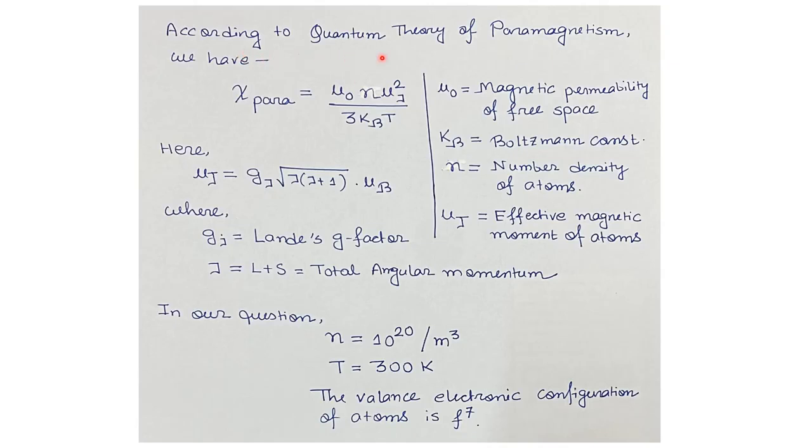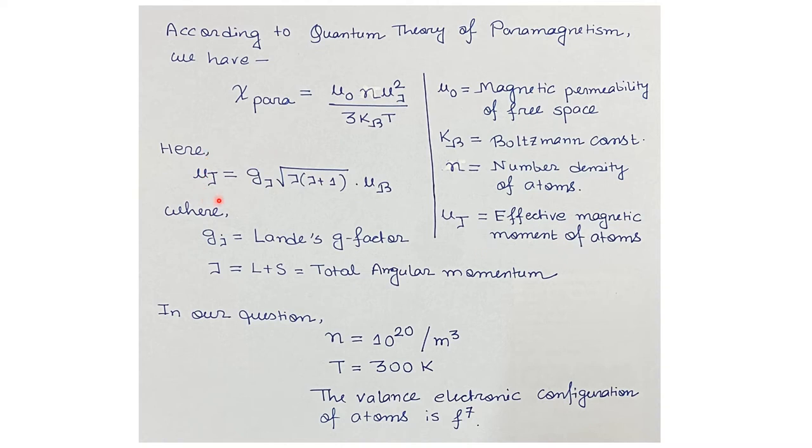According to the quantum theory of paramagnetism, we have the paramagnetic susceptibility chi equals mu naught times n times mu_J squared by 3 kBT. Here mu naught is the magnetic permeability of free space, kB is the Boltzmann constant, n is the number density of atoms, and mu_J is the effective magnetic moment of atoms.